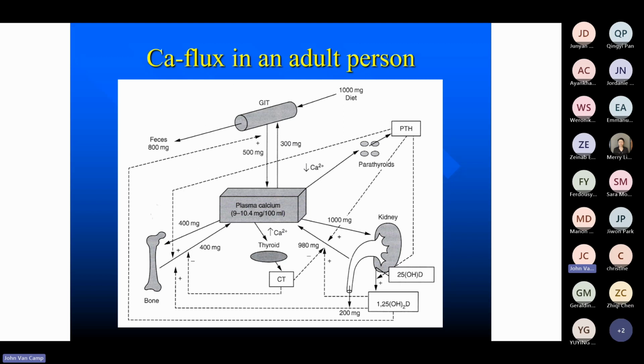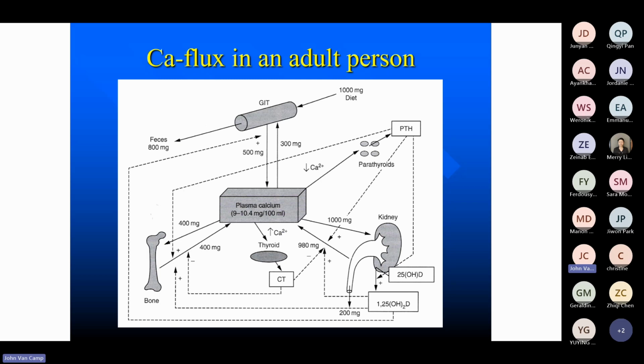And so you see that here in the middle, you see the data, it's a very, very small fluctuation. In principle, the calcium levels in the blood are no measure for the calcium status in humans. Calcemia is not a measure for calcium status of humans because it's very, very constant.